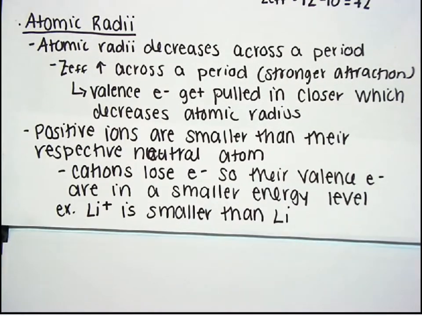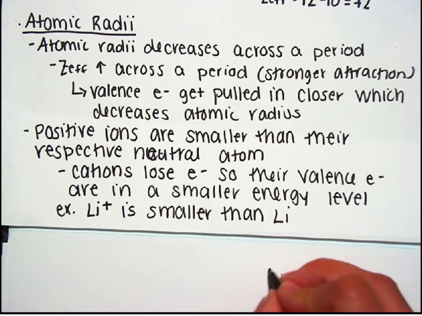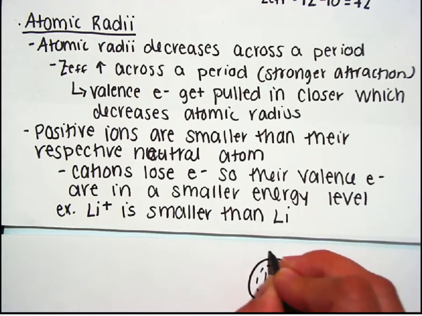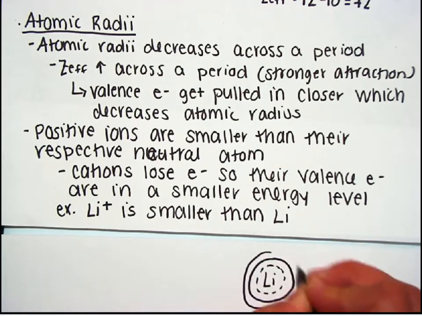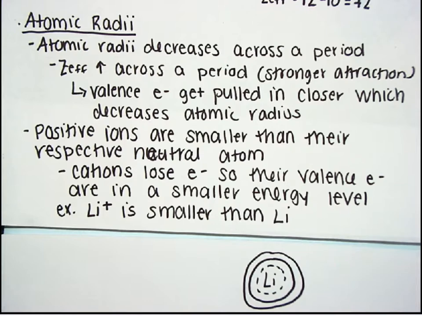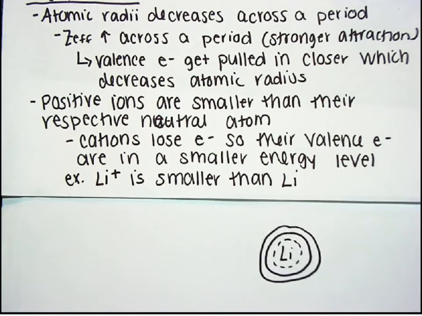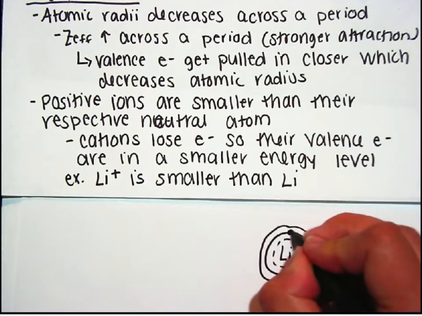So if I were to draw a lithium atom, lithium is atomic number 3. 3 protons, 3 electrons.